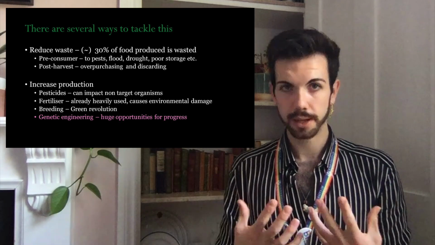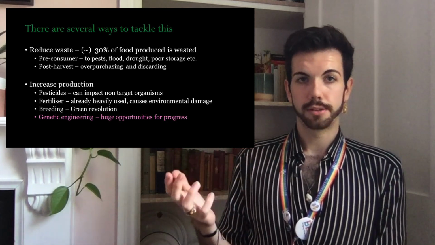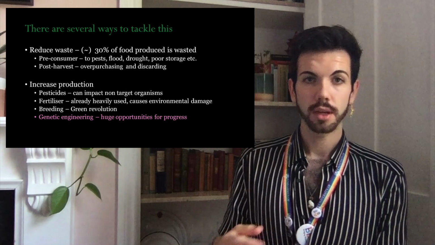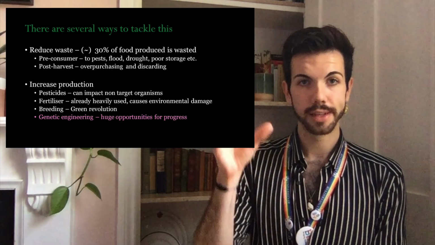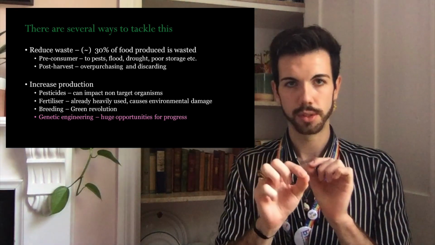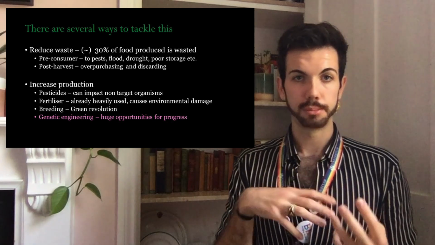And the final one, and the one that has most potential in this context, is genetic engineering. So to understand pathways and processes in a plant and then manipulate them with more pointed accuracy and try and make progress there.